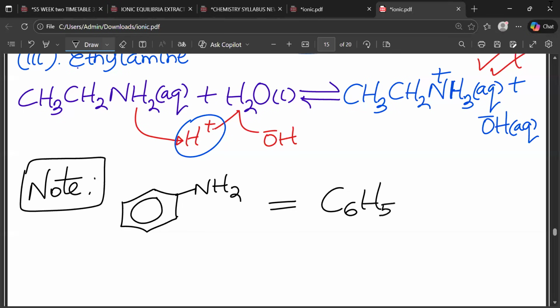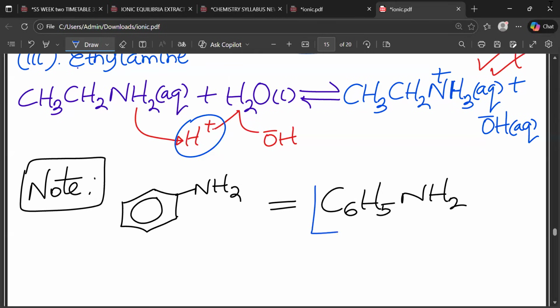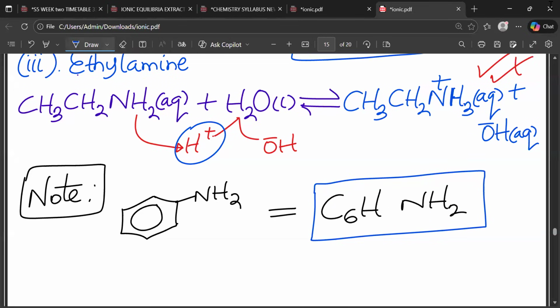C6H5, then NH2. Is it the same thing or not? Is it the same as C6H6NH2? Are you sure it's the same?